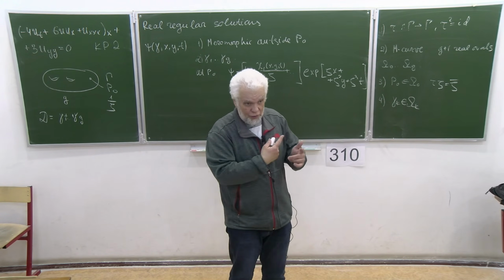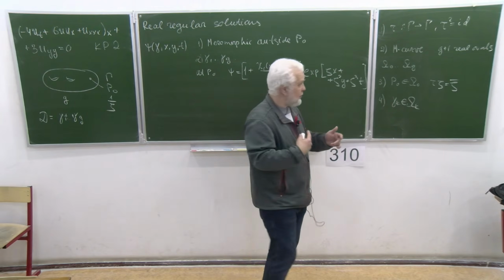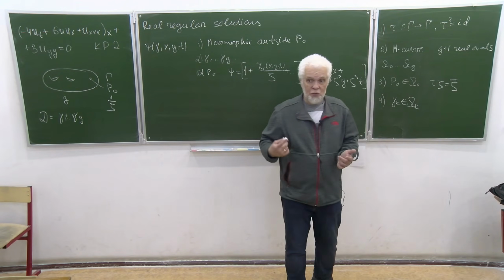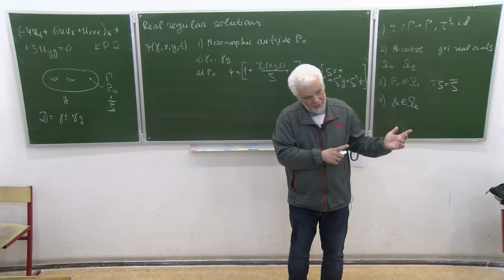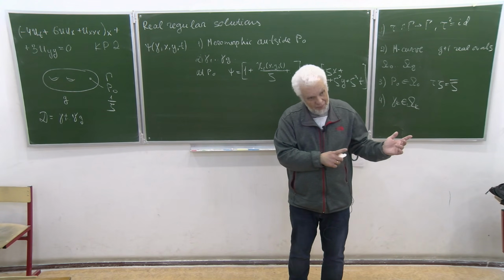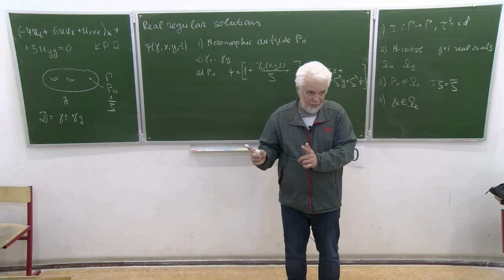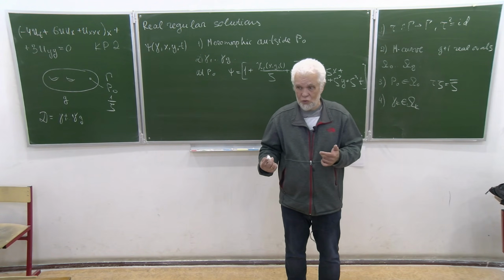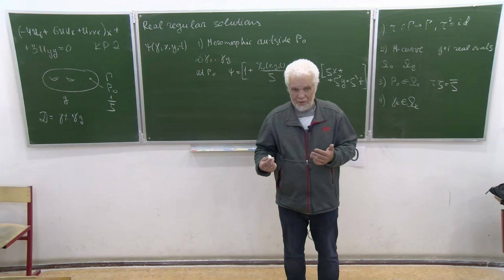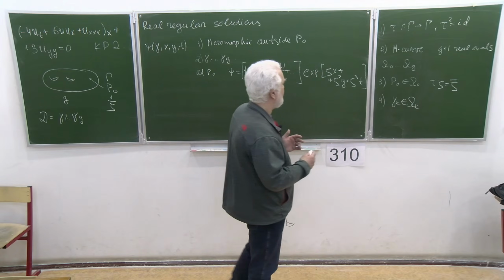But singularities arise when a divisor point reaches P0. But P0 has its personal oval, and all other divisor points have personal ovals. Therefore, the solutions are regular. So that was the construction.